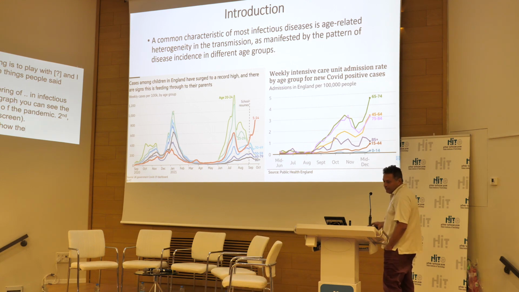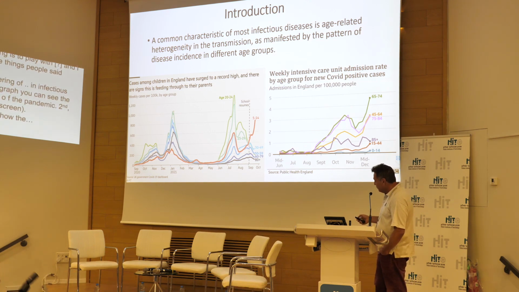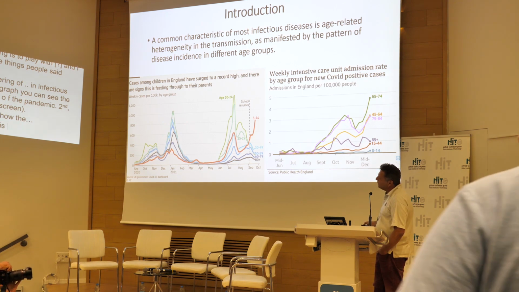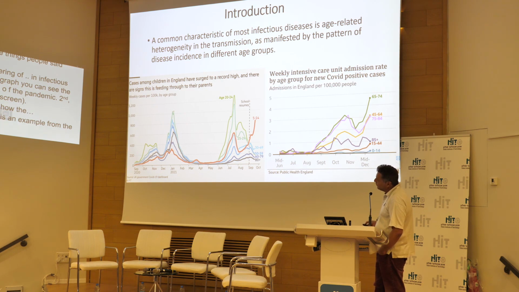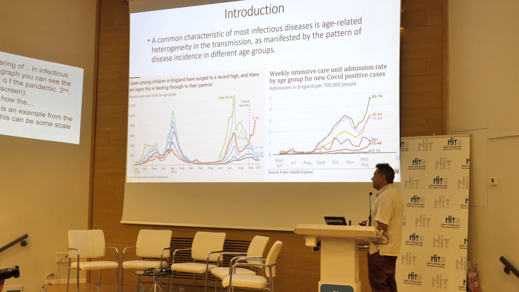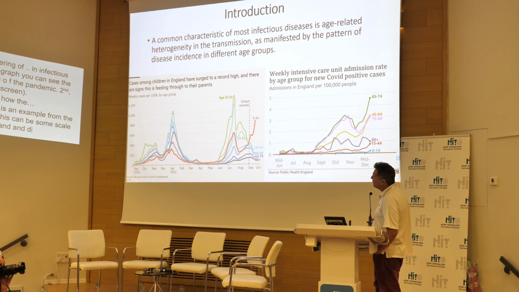So just to show you, this is an example from the UK. You can see that this would be some scale of, let's say, cases per 100,000. I don't remember what it actually is, and different age groups are at different colors.